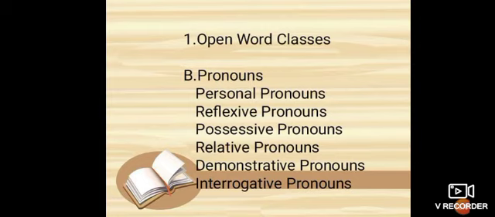Then demonstrative pronouns. Demonstrative pronouns means darshak sarvanam. These are used to point out the object of a sentence. They express a contrast between near and distant. Near means जवळ, distant means लांब.